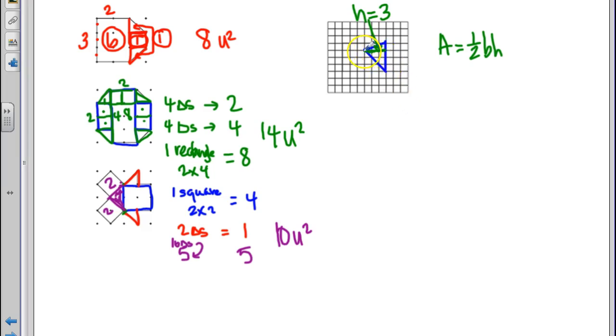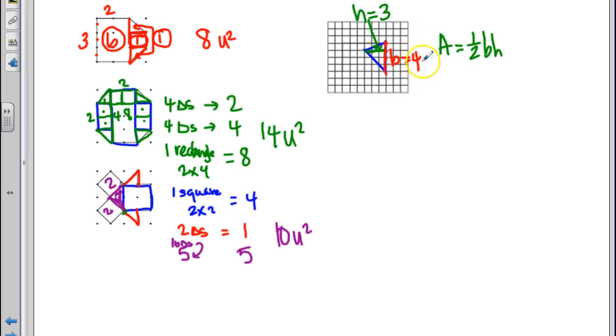Actually, you can't. The base will be the side that the height, the altitude hits. So my altitude hits this side, so now that is my base. And it is, if you start here and you want to count lines, then don't count the first one. So 1, 2, 3, it's 4 units long.